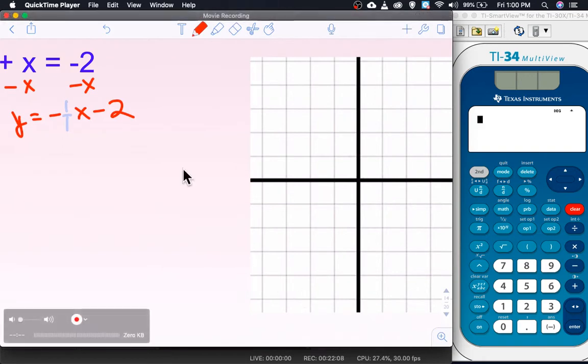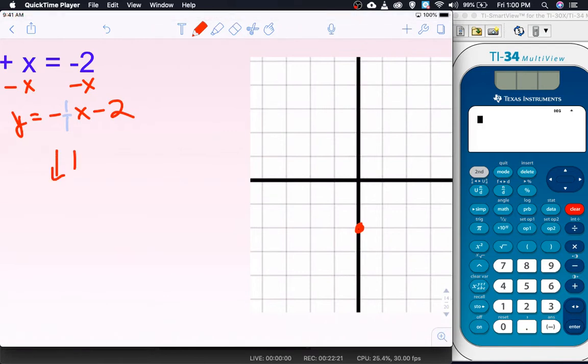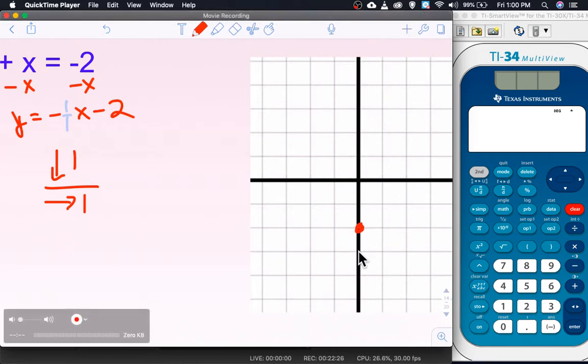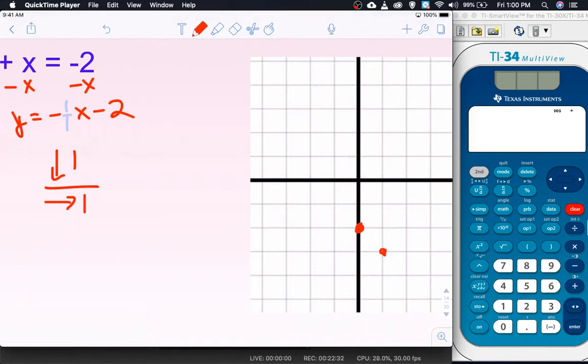So now, y-intercept is -2, right there. Slope is -1/1. That means, because it's a negative slope, down 1/1. Down 1, over 1. Boom. And repeat, down 1/1, down 1/1.